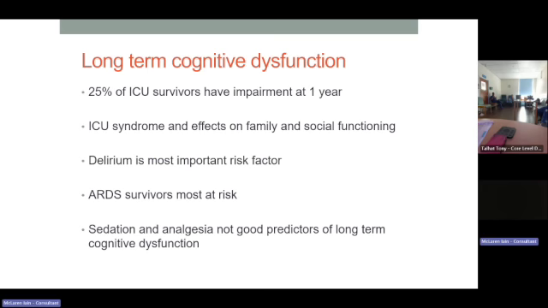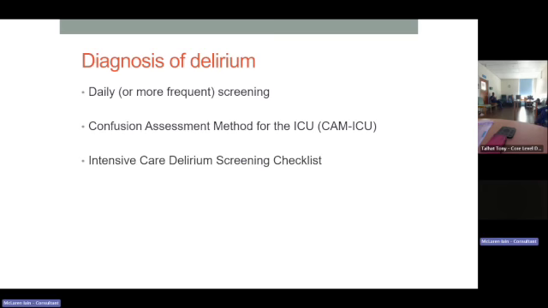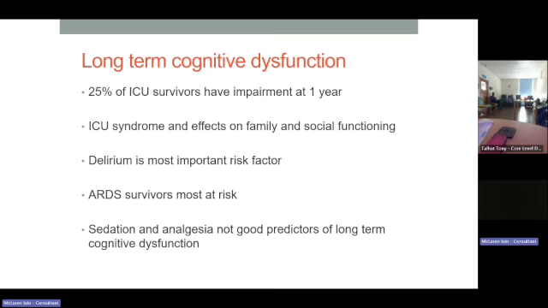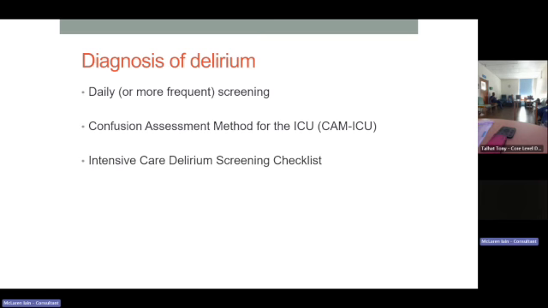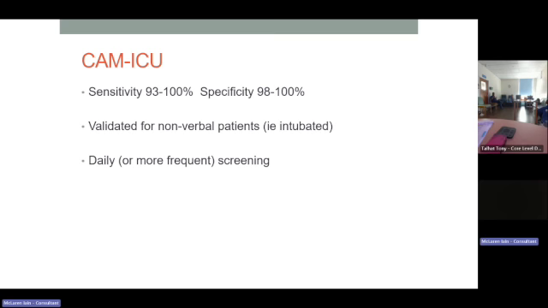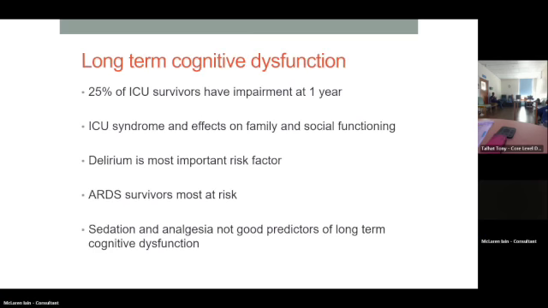So I mentioned long-term cognitive dysfunction. About 25% of ICU survivors will have cognitive impairment at 1 year.